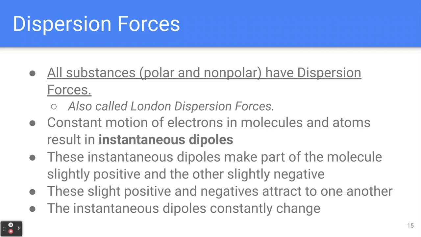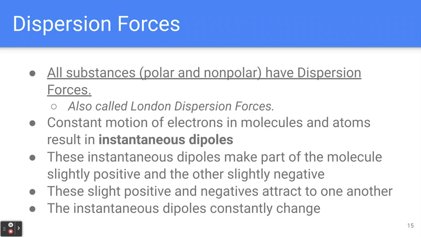Well, what's a dipole? If you remember back to electronegativity and polarity, a substance that has a difference in electronegativity has a dipole, and a dipole just means that part of the molecule is partially positive and part of the molecule is partially negative. Well, in any given molecule, these instantaneous dipoles come from the fact that electrons are constantly shifting in their cloud.